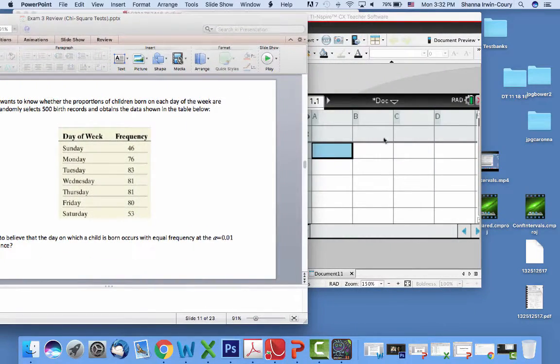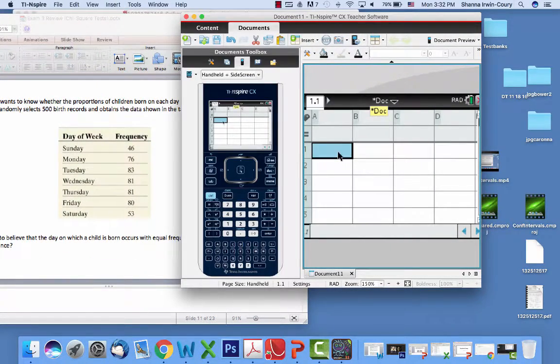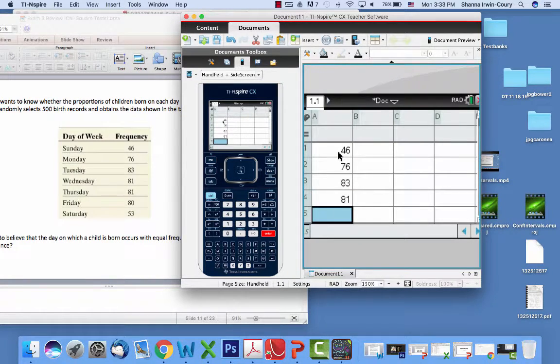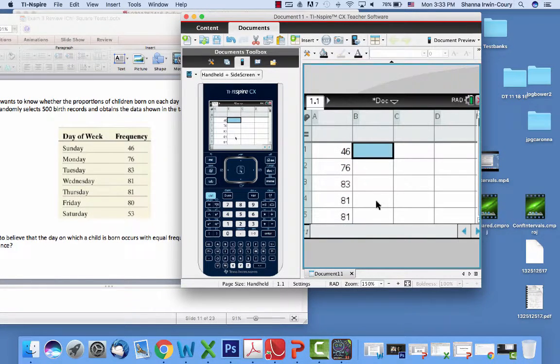Okay, so I'm going to kind of calculate the chi-squared value without doing too much work here.